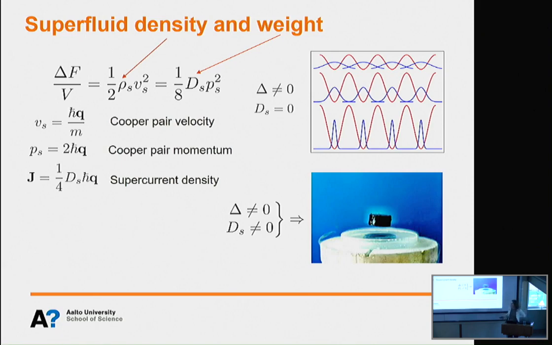So you can introduce a phase twist, a finite pair momentum, in your Hamiltonian and calculate, for instance, the free energy change. And from there you get the superfluid density, and it should be positive and non-zero so that you can have supercurrent. So in other words, it's like seeing the stability of your system to a phase twist. There are also other ways of determining it, but this is the essential quantity.